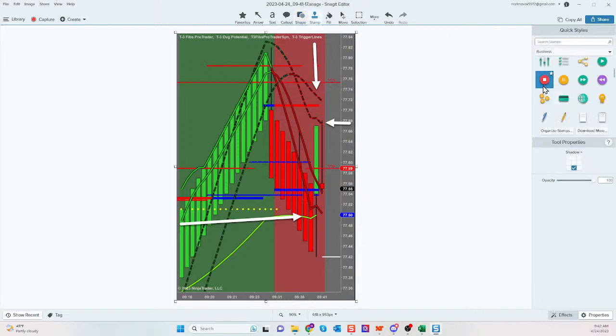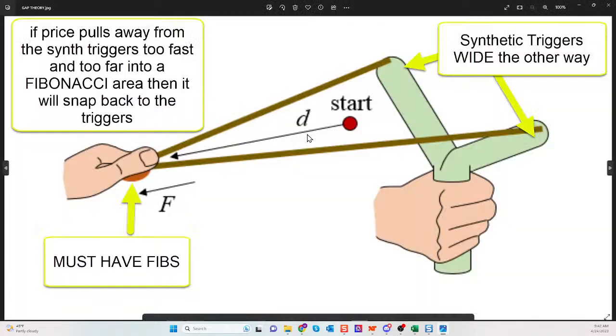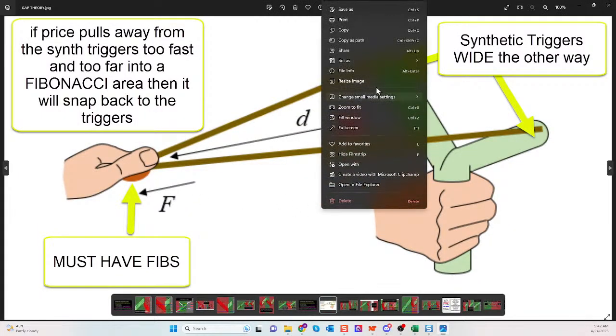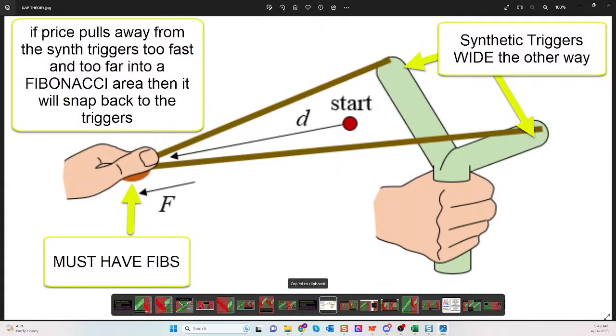This is what we call the gap theory. And the gap theory is really pretty simple. It's just saying that when price accelerates away, it's likely to snap back. I'll give you a copy of it. But you'll begin to recognize this pattern, and it's not necessarily a trade to get back to the triggers.